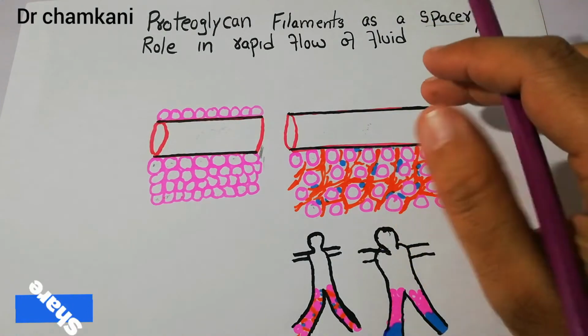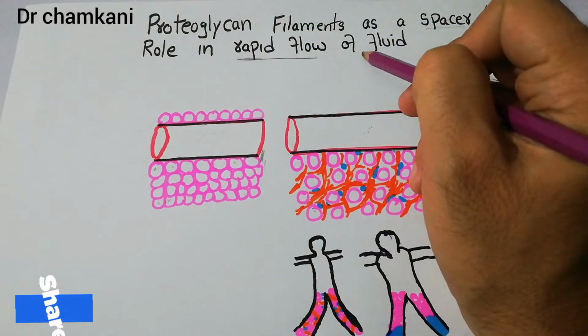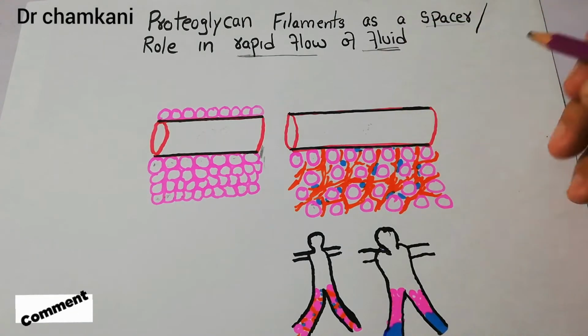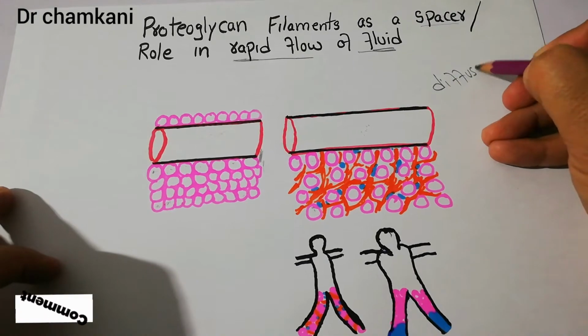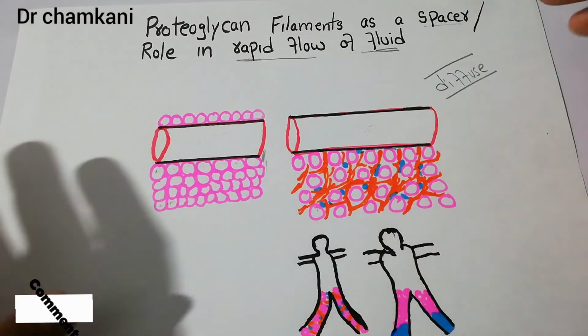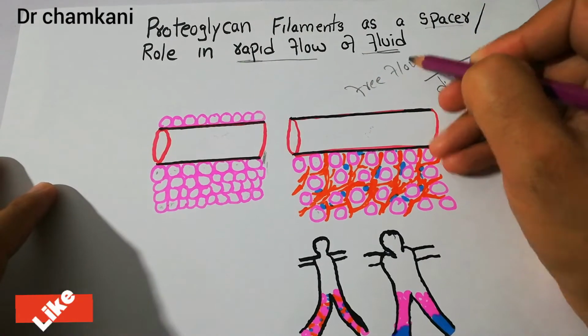Now, the proteoglycans will not allow rapid flow of fluid, but they will allow diffusion. They will allow the ions and nutrients to diffuse, but they will not allow free movement of the fluid. So there is basically a difference between free flow and diffusion.